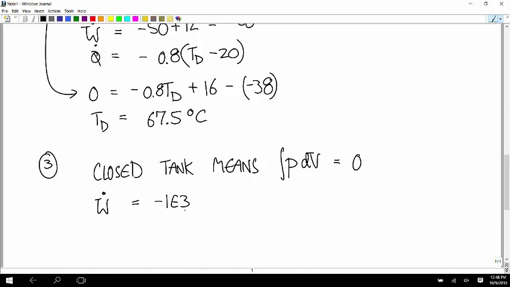And then there's heat transfer from the gas to the surroundings. So is Q dot positive or negative? Negative. So Q dot is equal to negative 0.01 T squared.